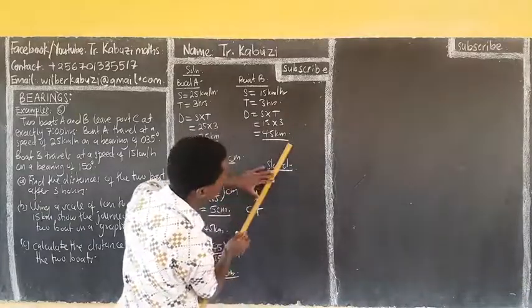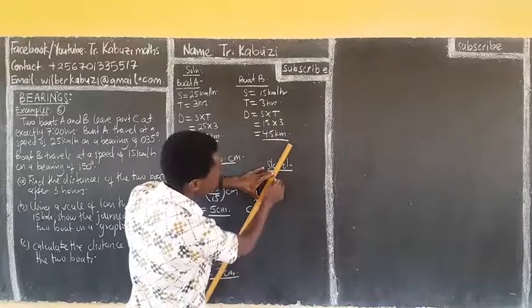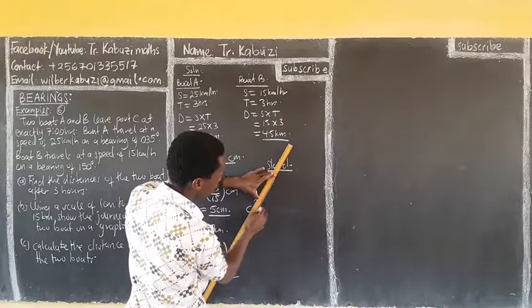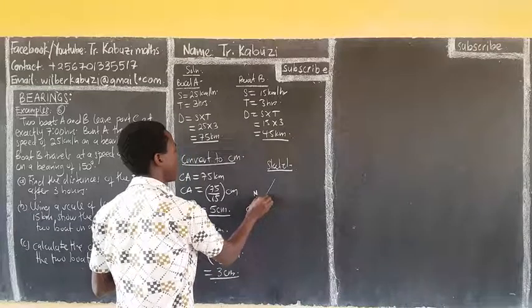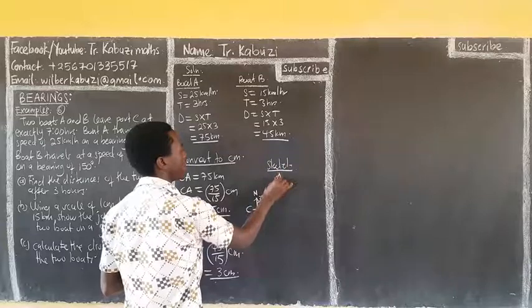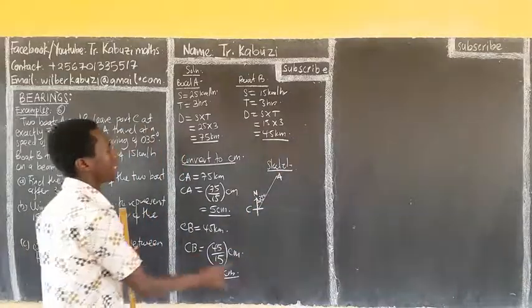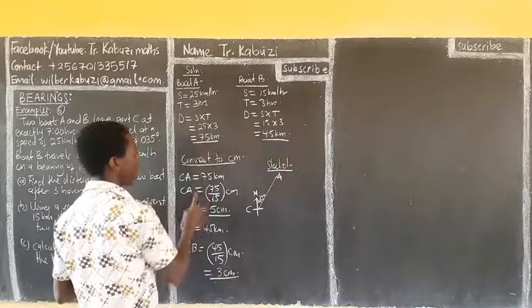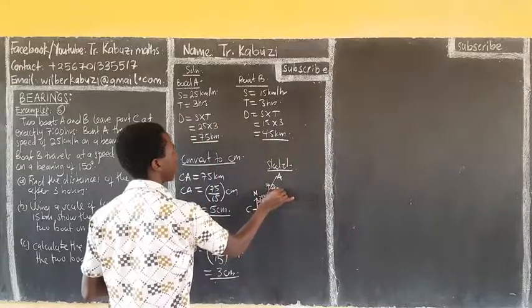This is the sketch, so I'm not going to use a protractor. Now I know after 3 hours, this point will be boat A. So after 3 hours the distance between C and A is 75 kilometers.